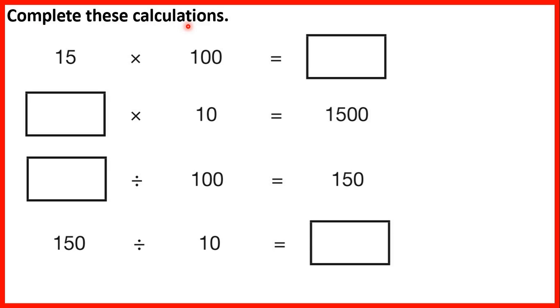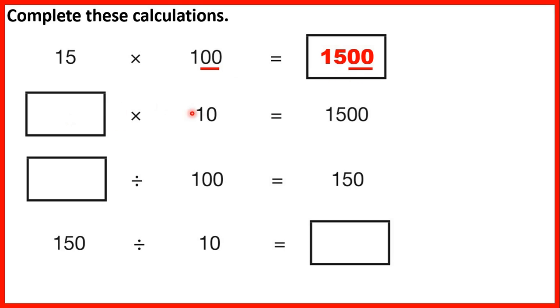Complete these calculations. First, 15 times 100. That's 1,500, because if we have a whole number, we can multiply by 100 just by putting 2 zeros on the end. If we have 2 end zeros in the question, there will be 2 end zeros in the answer.